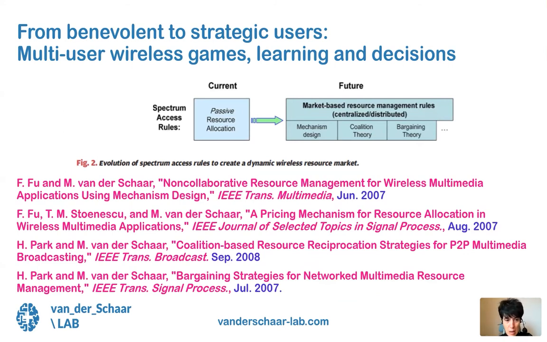In a set of papers in the 2000s, we showed that we can use mechanism design, pricing strategies, or auction strategies of all sorts to decentralize and allow stations to compete for resources based on their requirements in the strategic setting, or by making coalitions, or by using bargaining theory. The work on mechanism design is with my former student Fangwen Fu. The work on coalition theory is with my former student Hyung-Kwon Park, and bargaining theory also with my former student Hyung-Kwon Park.